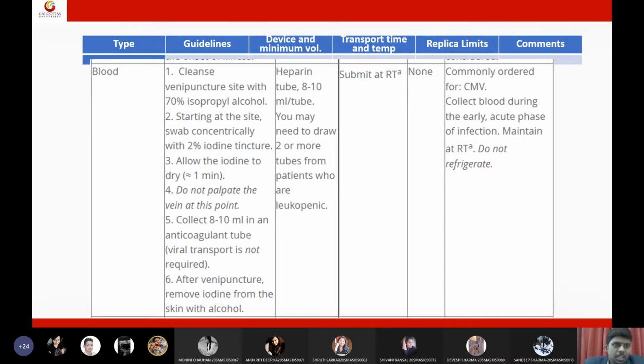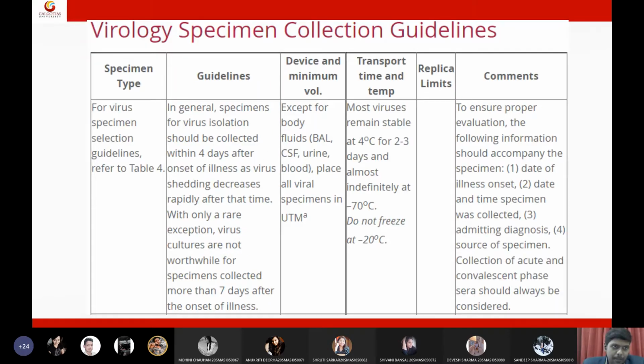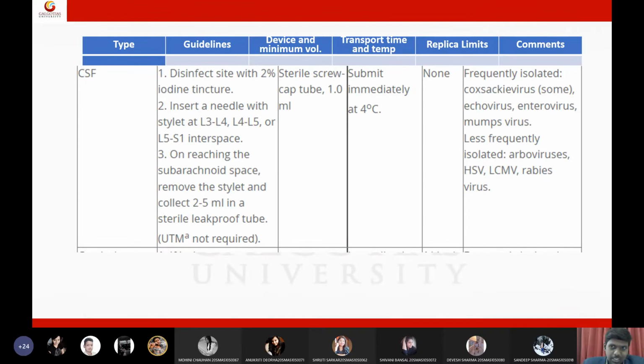Say for example, blood specimen. It needs to be collected via vein puncture, and usually blood sample is collected to diagnose CMV, cytomegalovirus. Then CSF is collected for detection of Coxsackie viruses, enteroviruses, mumps, and cytomegalovirus. And this is the guidelines. This is the device. This is the transport timing.